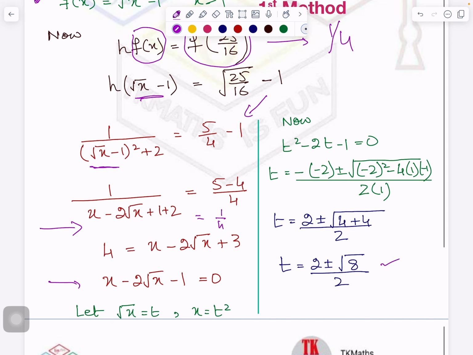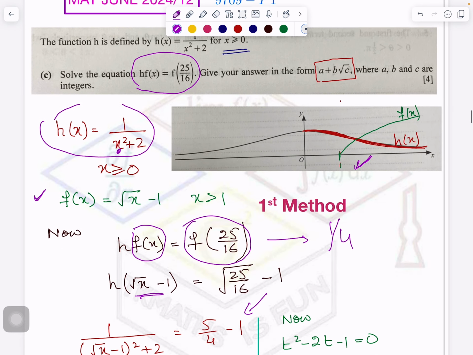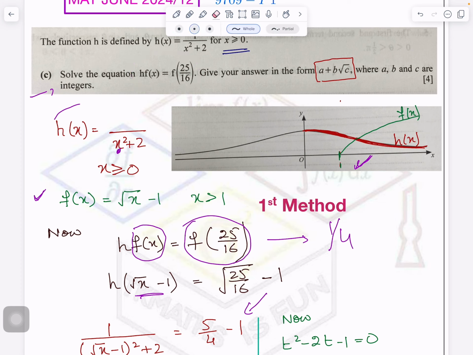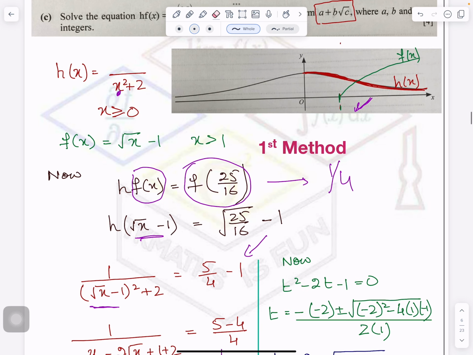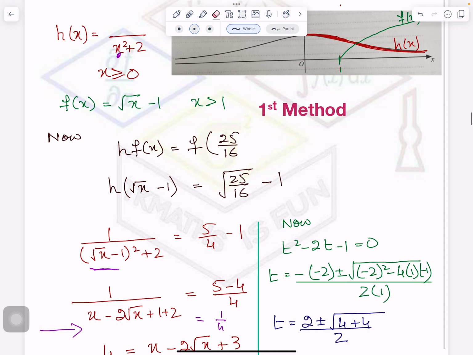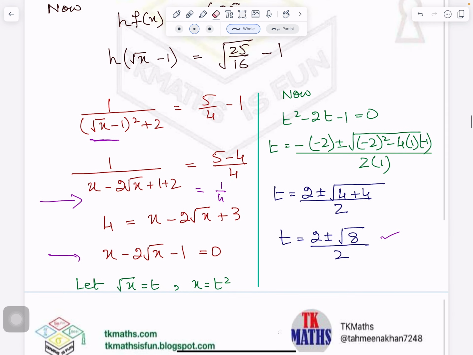But our target is to find the value of x, because the question is saying solve the equation here in part C. So we have to find the value of x, right? Let me just erase this a bit. So once you get the value of t, after that you will plug it back in the substitution you have taken here.